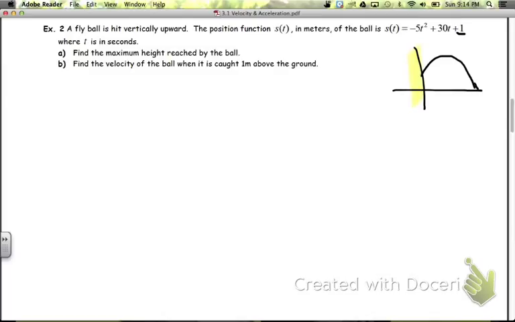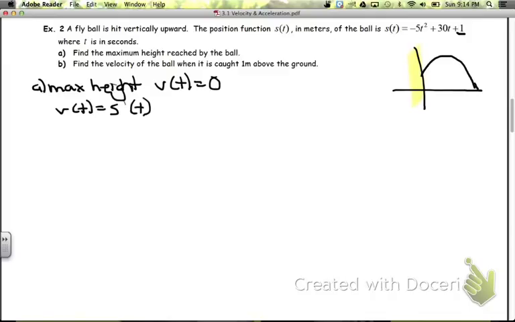In part A, we want to find the maximum height reached by the ball. To find our max height, this occurs when our velocity is equal to 0. So we need to solve for our velocity. Remember that our velocity is just equal to the derivative of our position function.